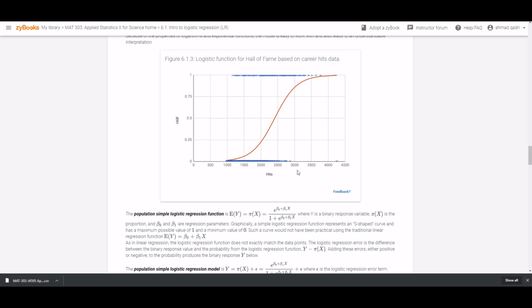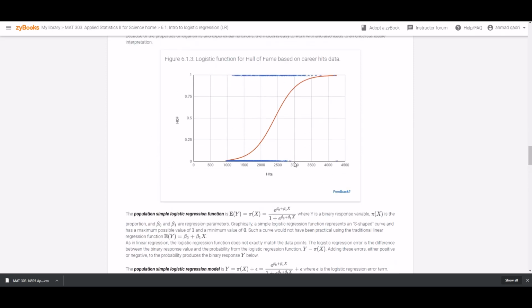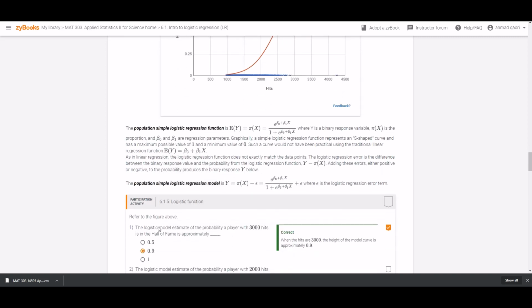So, for example, if you notice this question here, it says the logistic model estimate of the probability a player with 3,000 hits is in the Hall of Fame is what? So we have 3,000 hits, so that's approximately here. If we go up on this line and on the curve, we must have a value between 0.75 and 1. And out of the three choices, 0.9 is the most appropriate.